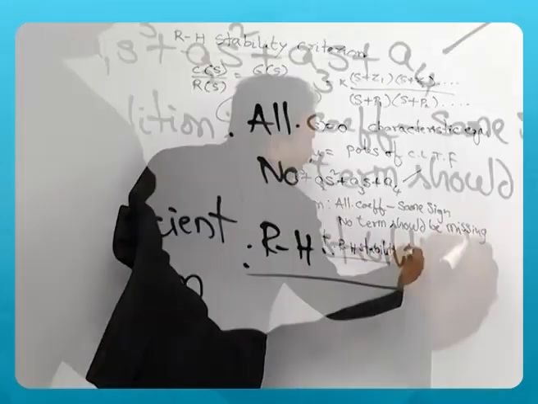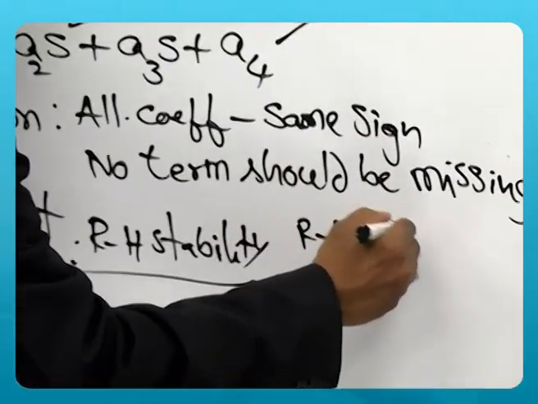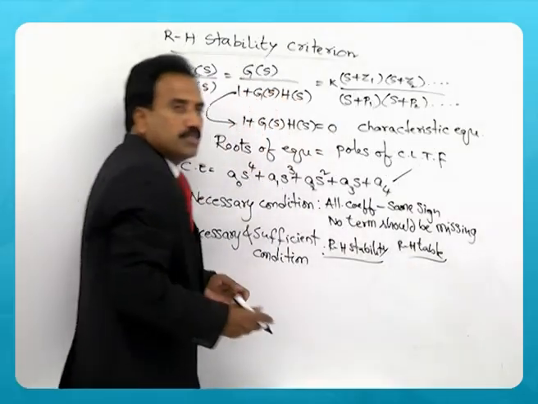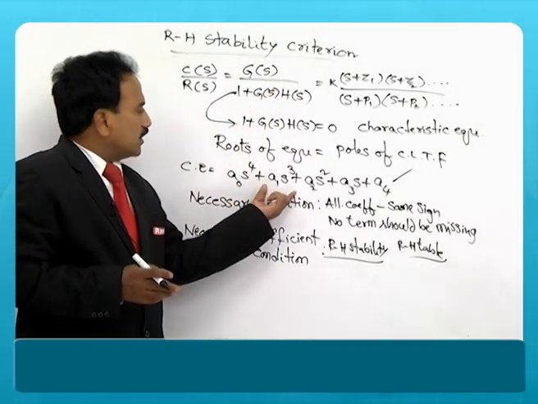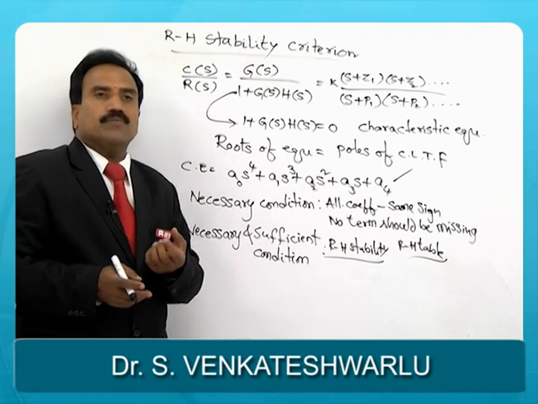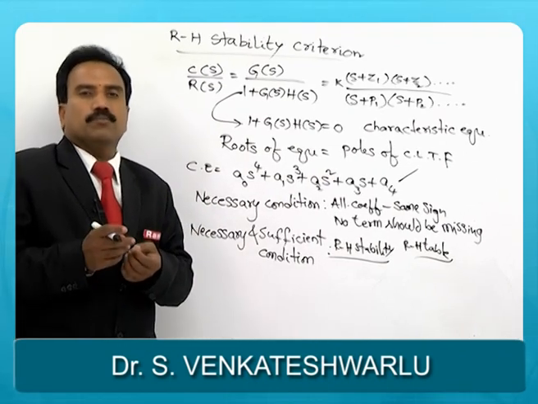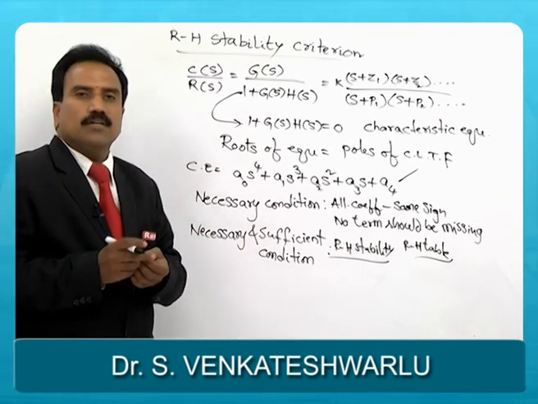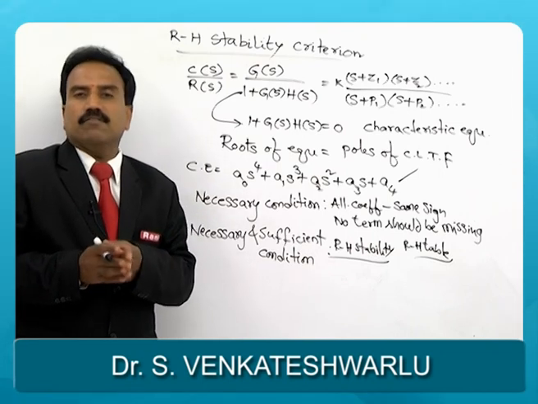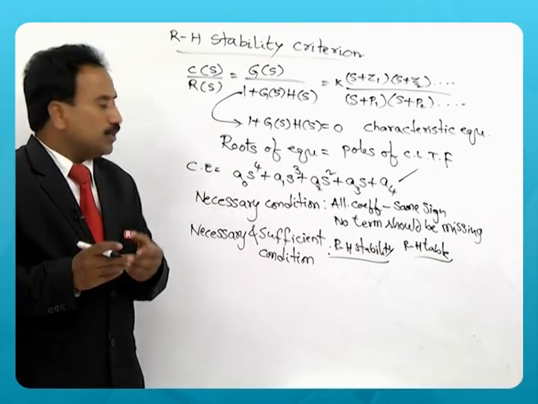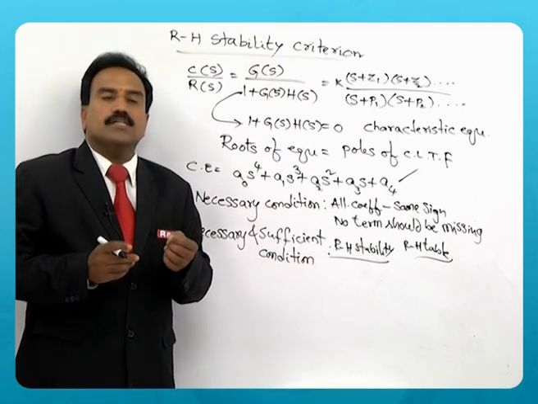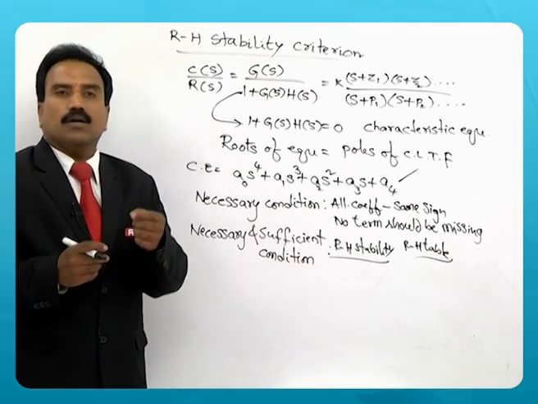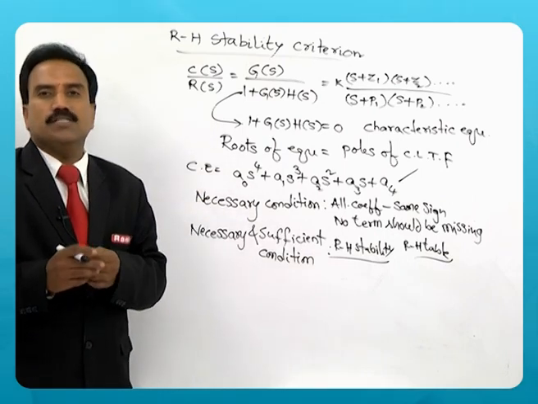This is called RH table, to be formed for the given characteristic equation, and the first column of the Routh table should not be having any sign changes. There should not be any sign changes in the first column of the Routh table for the system to be stable.